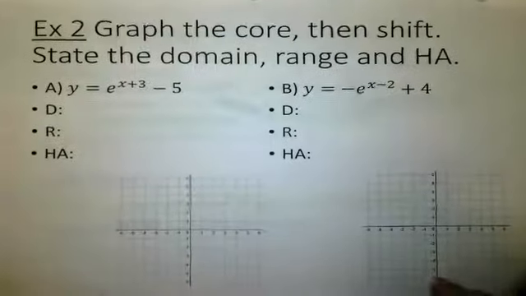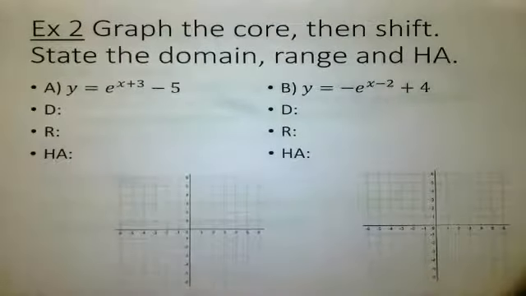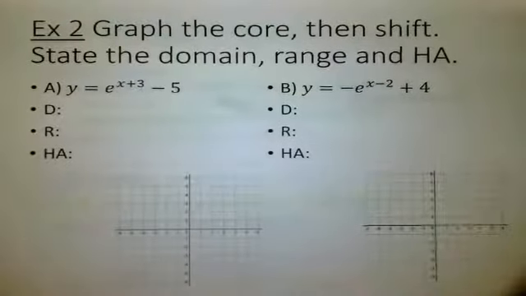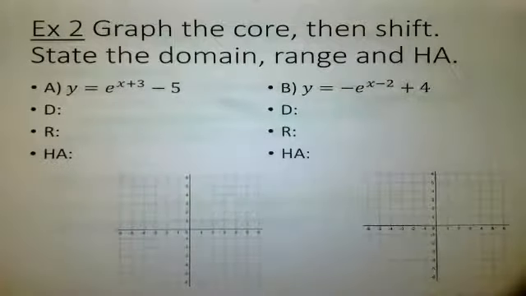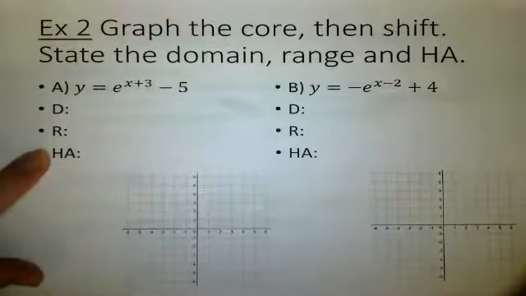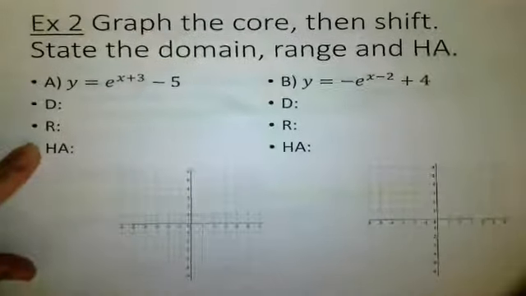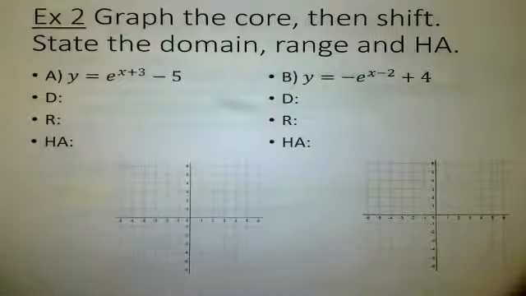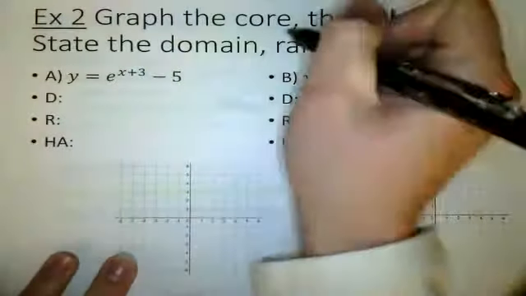All of these we can graph by hand, which is what we're going to do. And then, of course, you could check on your calculator. I ask very specific questions about domain, range, and asymptote. So those are the things that you need to know, and that comes easily when we do things by hand. So first it says graph the core.